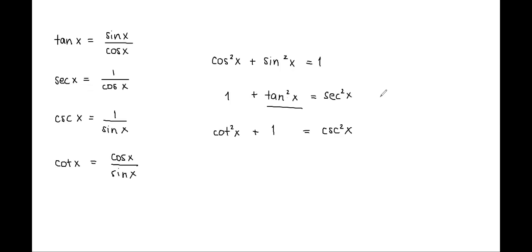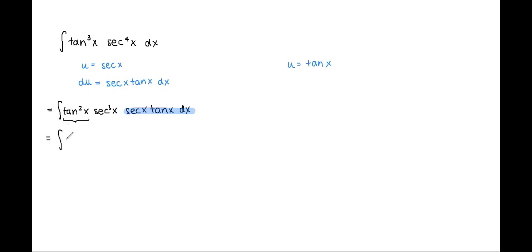So over here, I'll be able to rewrite this as secant squared of x minus 1 times secant to the power of 3 of x times secant of x times tangent of x dx.